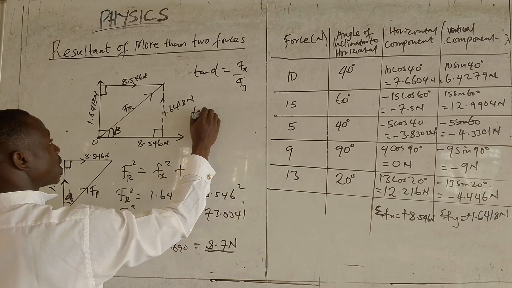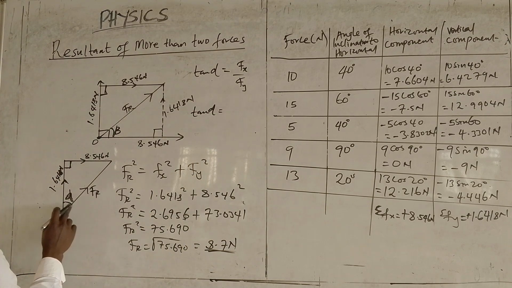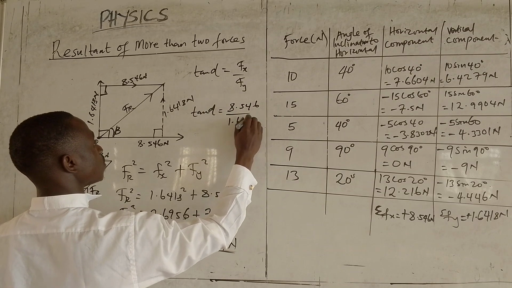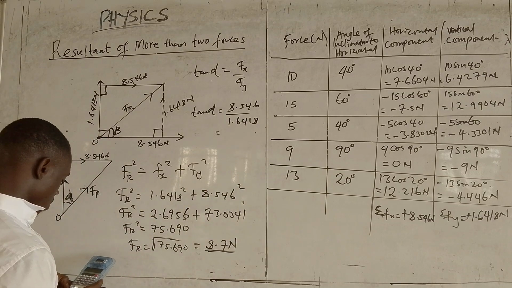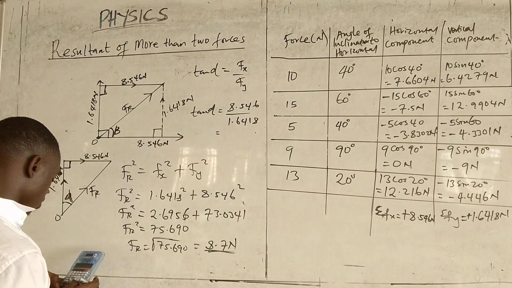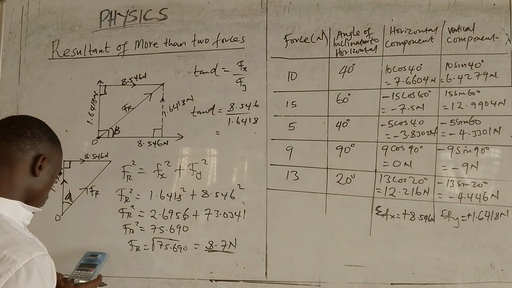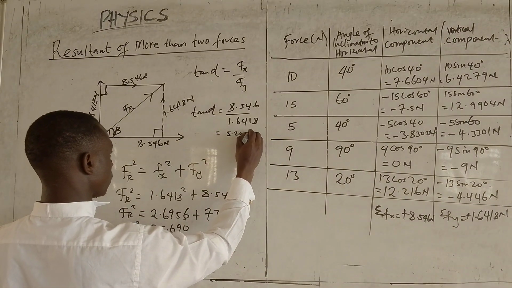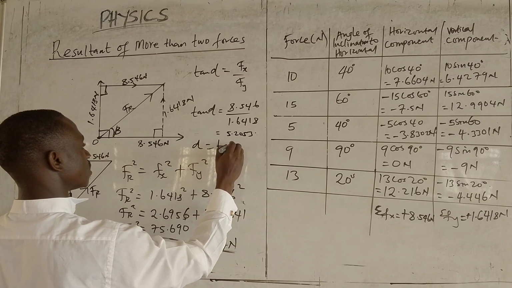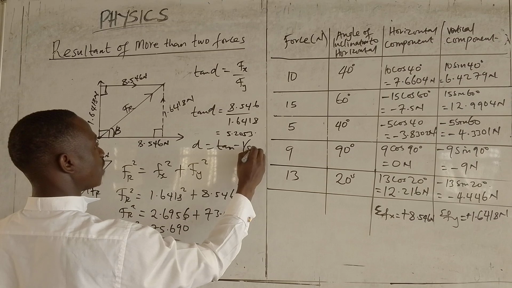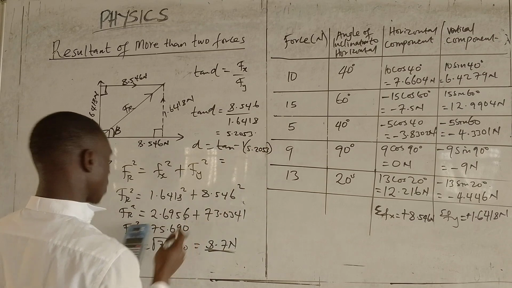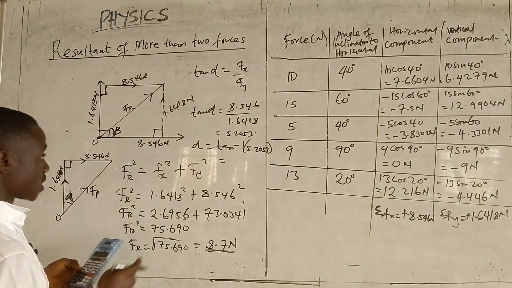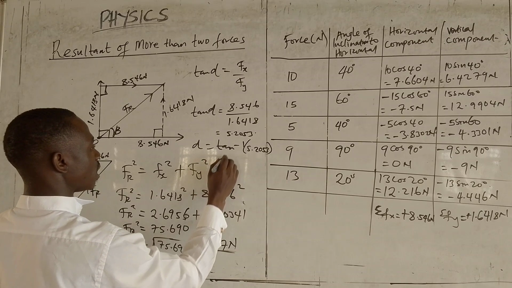So don't cram; it depends on which triangle you are using. So this is going to be 8.546 over 1.6418, which is 5.2053. And alpha is tan inverse of 5.2053, which is 79.1 degrees.